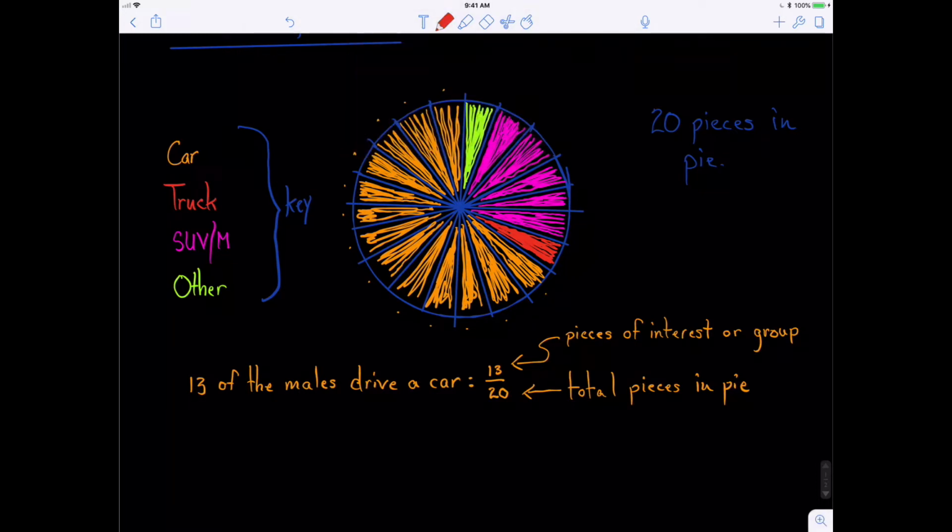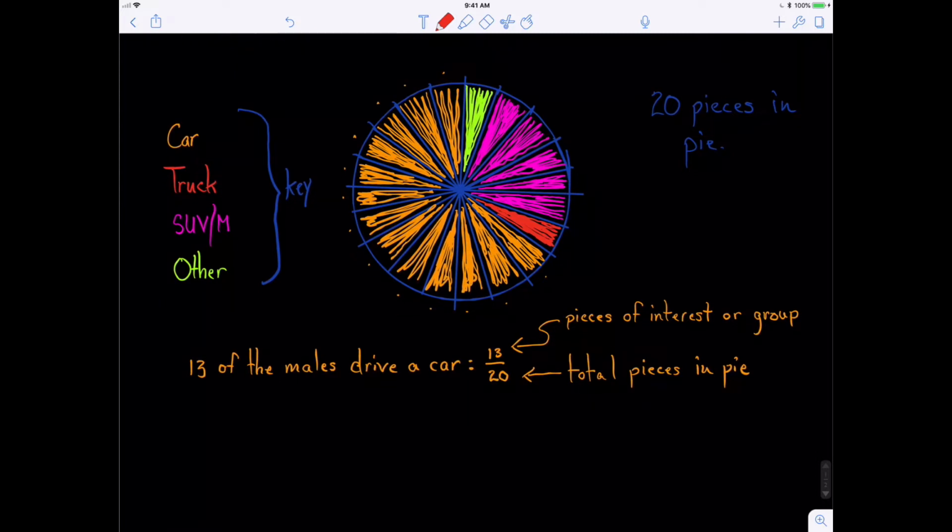Notice that if I look at trucks, I could say that, and I'll be even more clear this time, 1 of the 20 males drives a truck. And we can write this as 1 over 20.